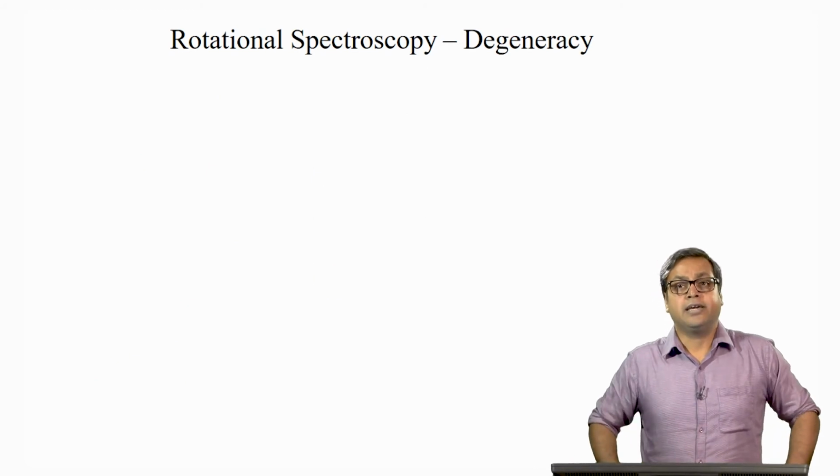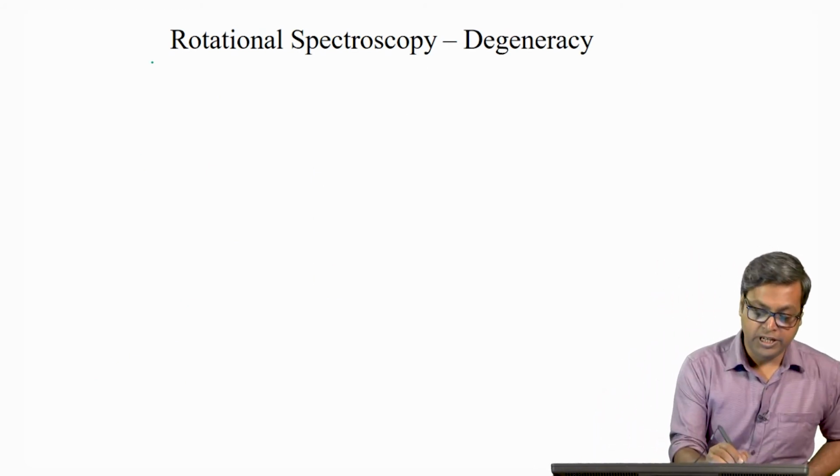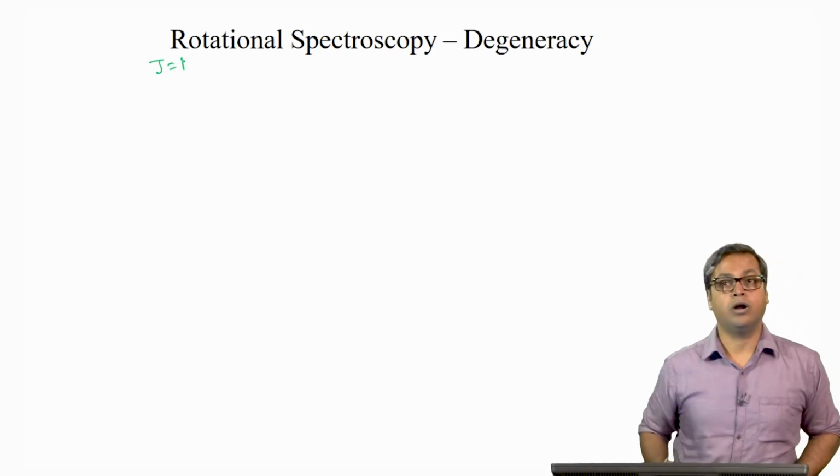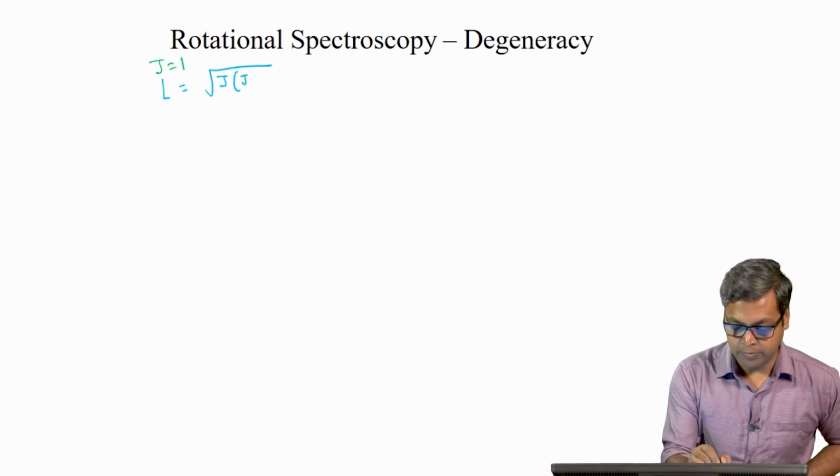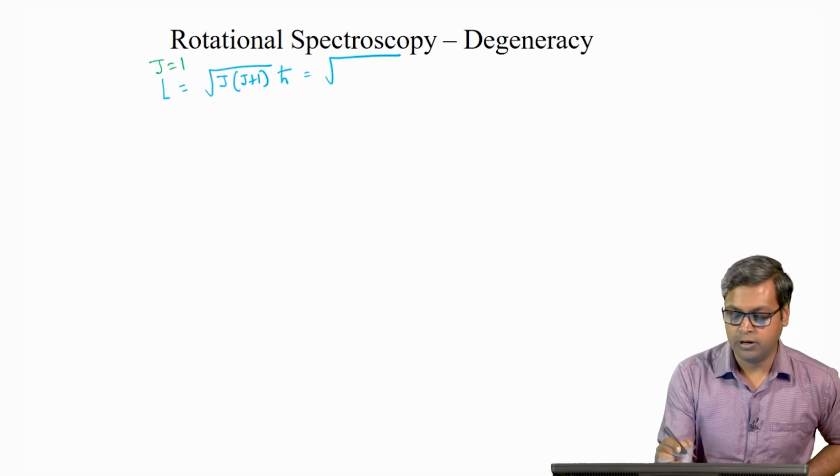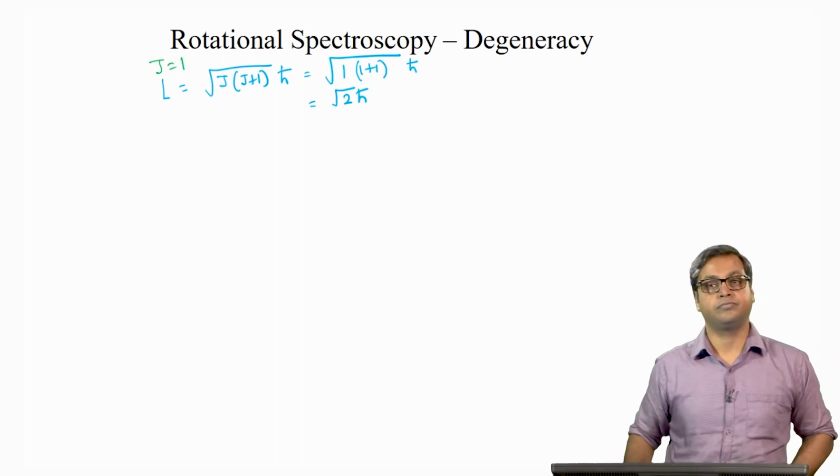So, let us take the case of j equals 1. Because j equals 1, the value of L is root over j times j plus 1 h cross, that is root over 1 times 1 plus 1 h cross, that is root over 2 h cross.